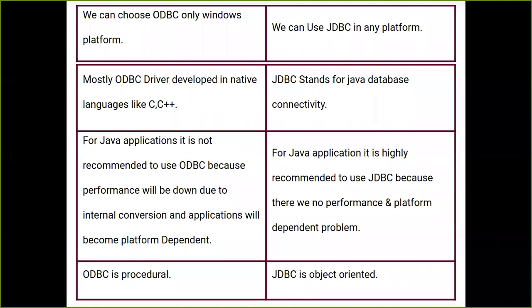It has also been said that ODBC is very flexible and easy to use for procedural languages, while Java is completely object oriented, so JDBC is also known as object oriented, working for the object oriented Java language.